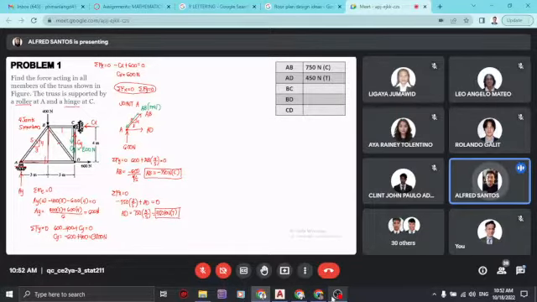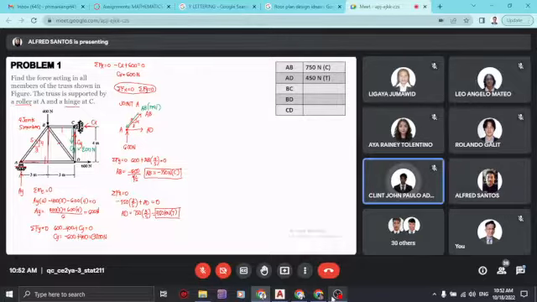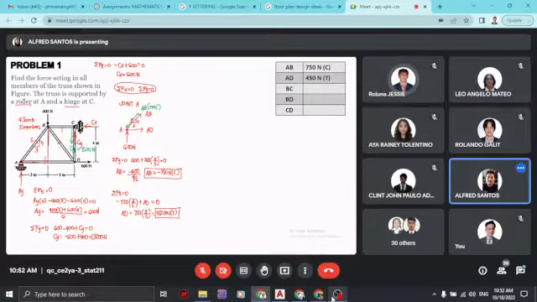Okay, nakakasunod? Naintindihan? Yes po.